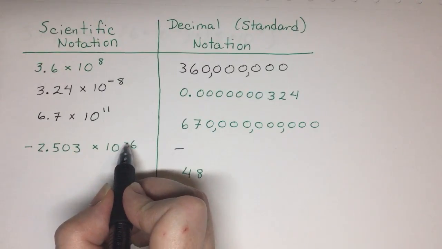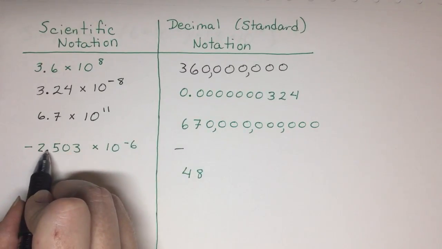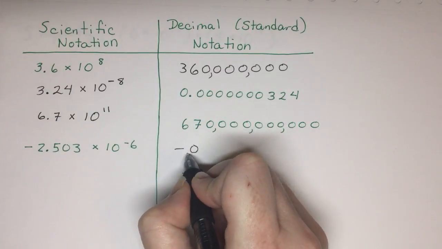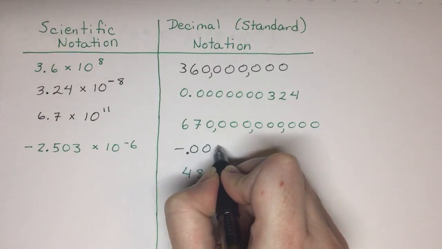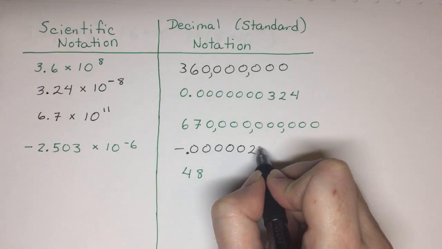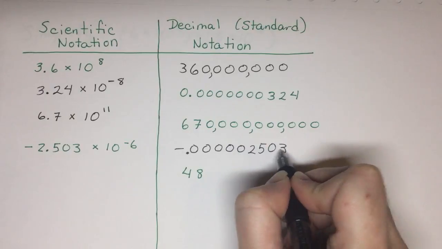10 to the negative 6, a small number, so I'm going to move my decimal 1, 2, 3, 4, 5, 6. Then I have my 2503.